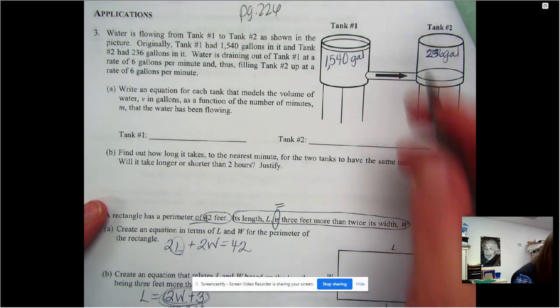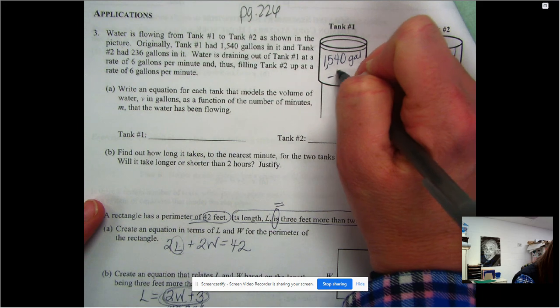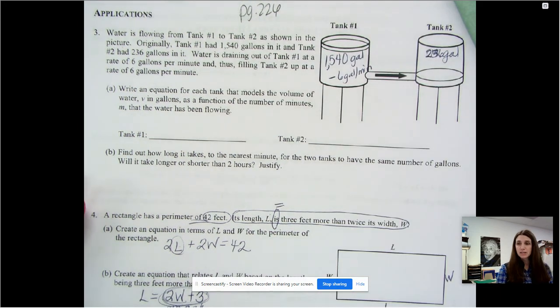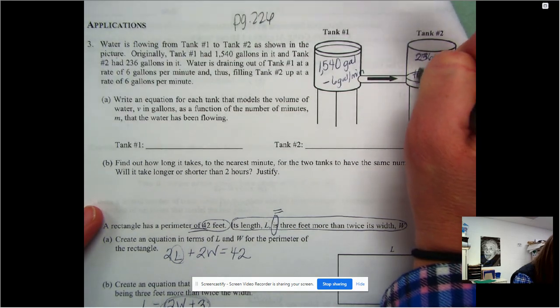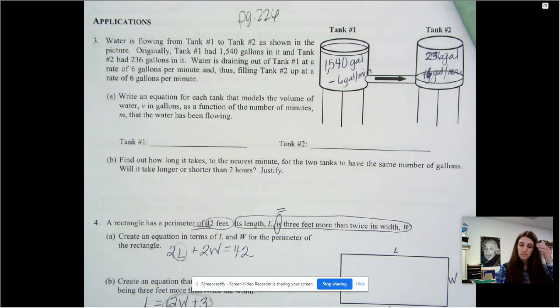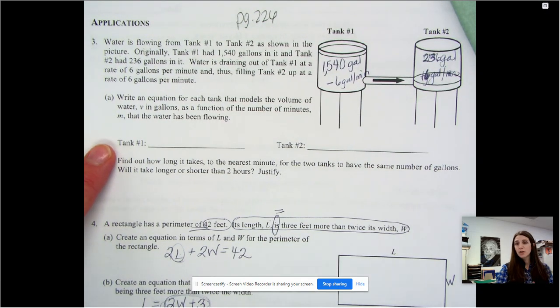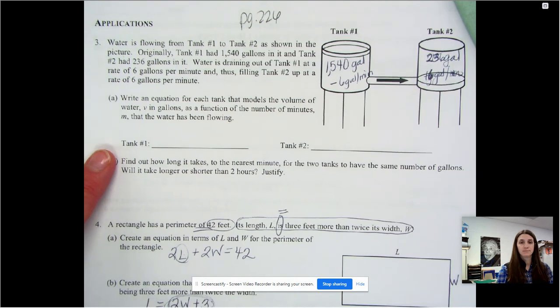Tank number 1 is losing water at 6 gallons per minute, so that would be a minus. And tank number 2 is adding that same water at 6 gallons per minute, so that would be a plus. So why don't we pause the video for a minute? You try to write these equations and then press play when you're ready to go over what they should look like.